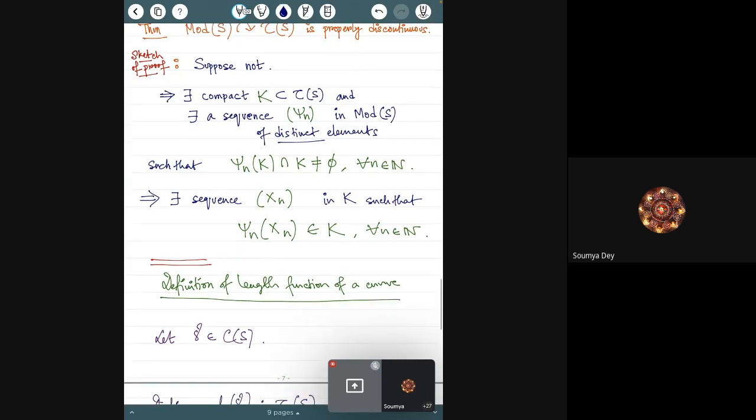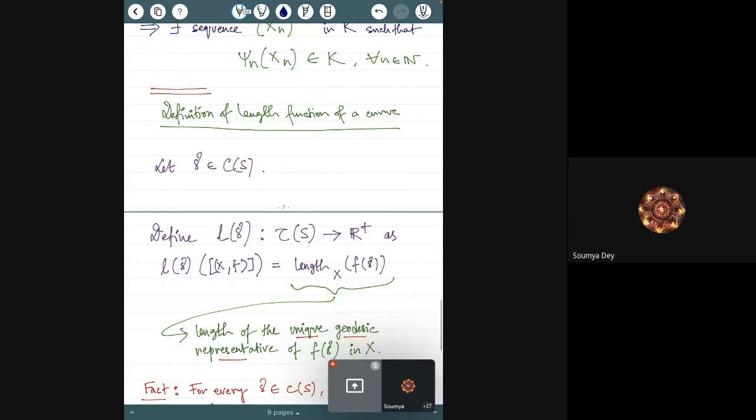Now we will need one definition. It is called a length function of a curve. Given any gamma, which is a simple closed curve on your surface, you can define a function L gamma from the Teichmuller space to R plus.